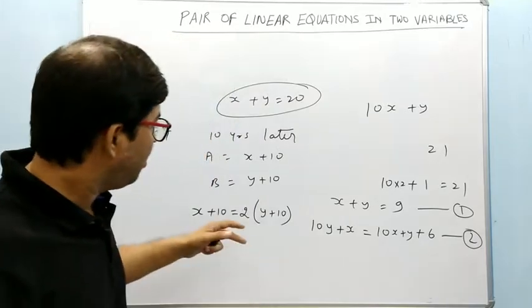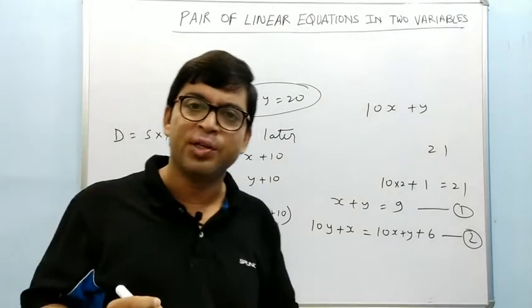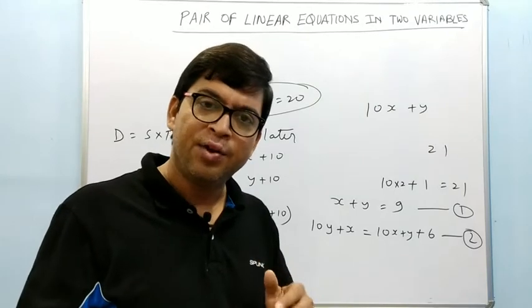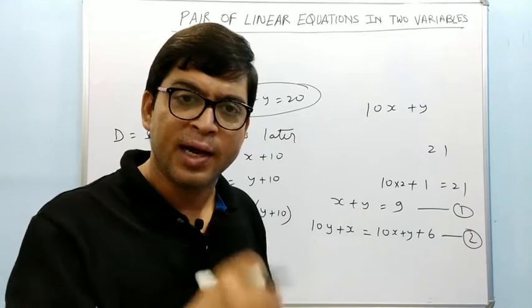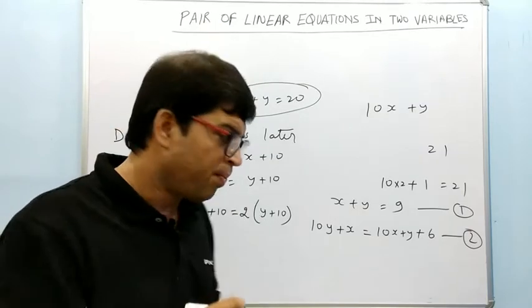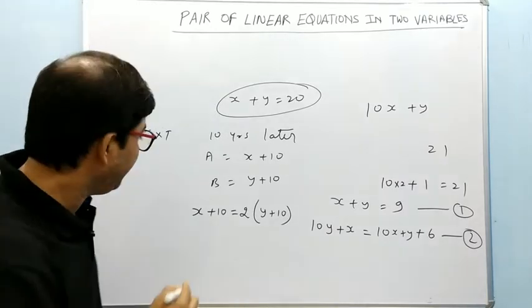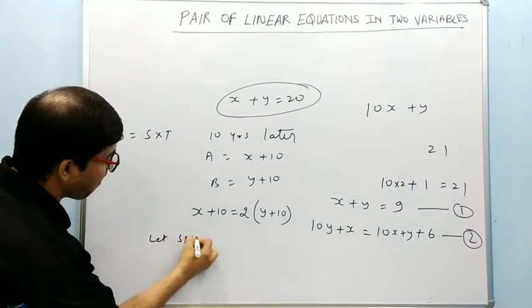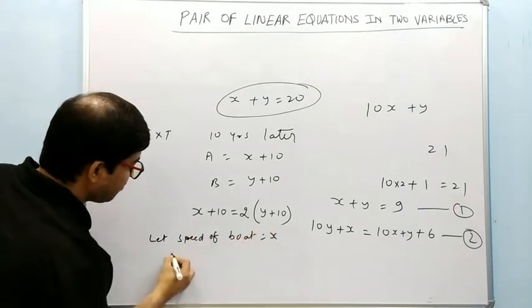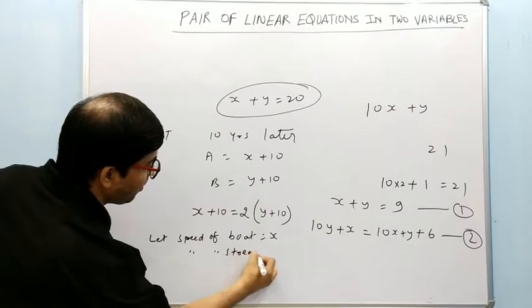One question I am taking. A boat is going upstream 3 kilometers and coming downstream 5 kilometers in 10 hours. So firstly we should know what the upstream speed is. Let the speed of the boat be x and the speed of the stream, meaning water, be y.